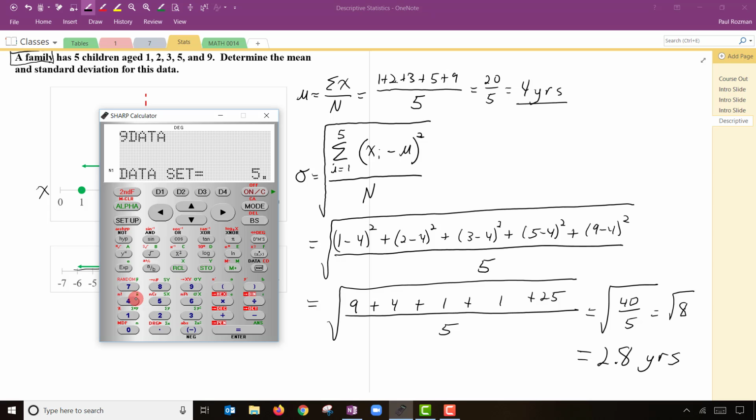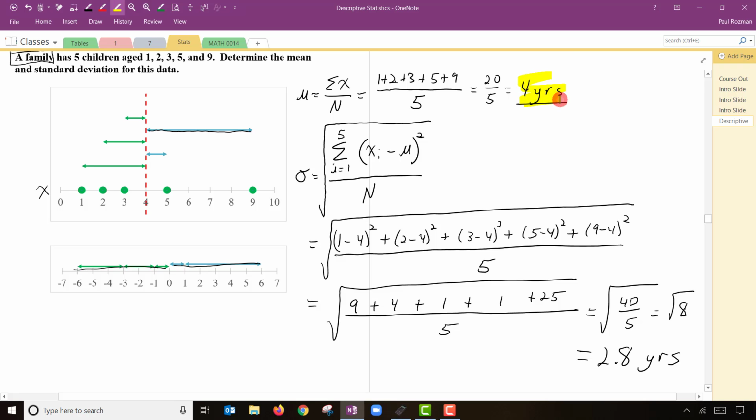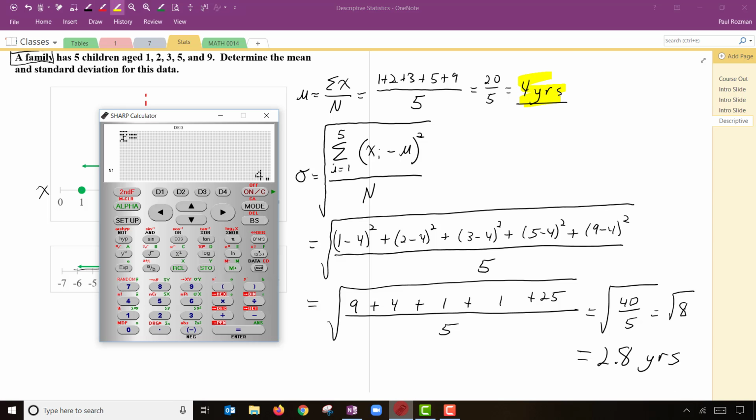I know there's no mu button on your calculator, but that's because the formula is the same, whether it's mu or X bar. So we can just use that. To get to the green buttons, you use alpha. It's also green. So you say alpha 4. And now I'll have to hit equal to have it calculated. And ta-da, we get the 4 years. So that's pretty cool.